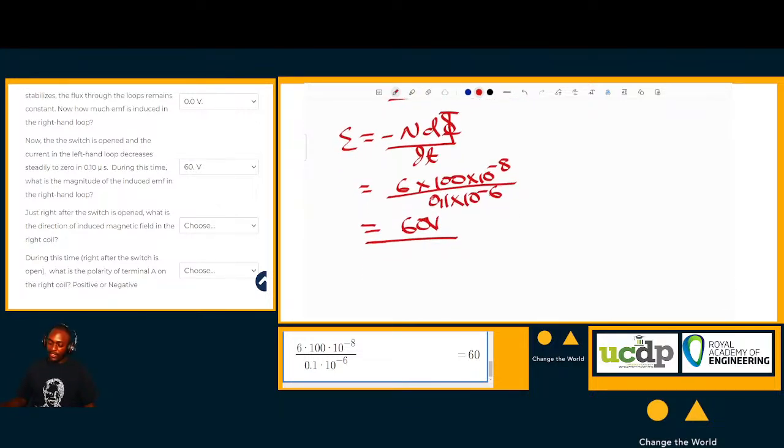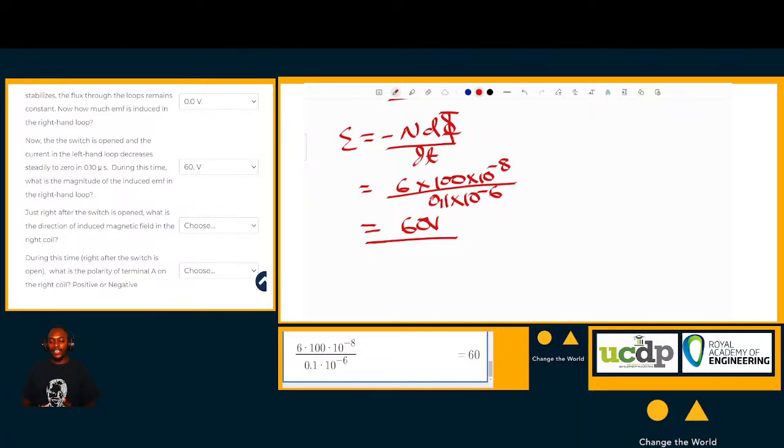So it's simply now the reverse. The current is going to be decreasing when you open the loop, which means that the flux is going to change because current is decreasing. So the flux is going to be decreasing from a maximum to 0.